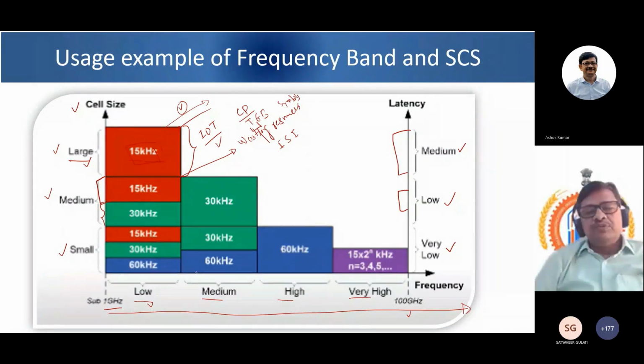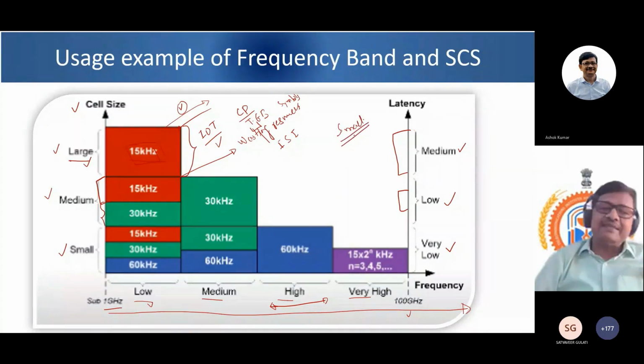Now, suppose you are having a high frequency band, higher frequency band. As you know, in higher frequency band, your coverage will always be small.